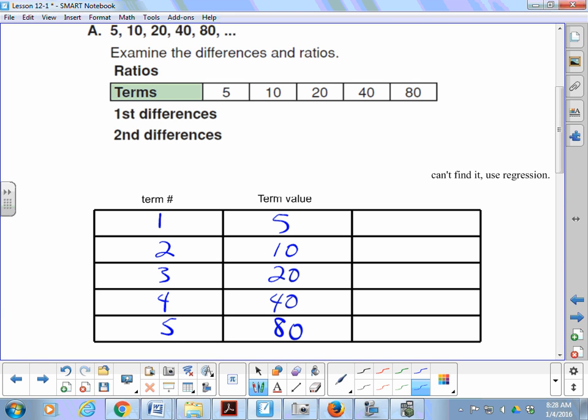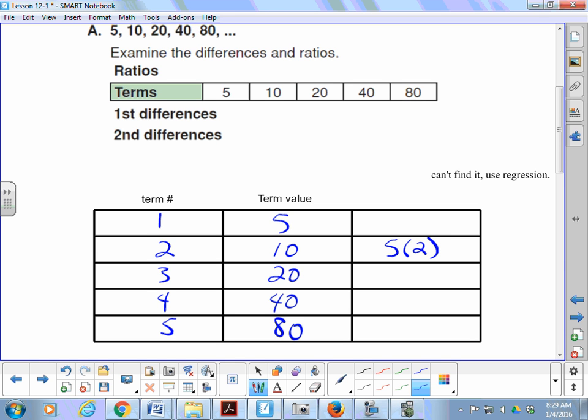Okay? So, to get from 5 to 10, we are multiplying by 2. All right? So this is 5 times 2 to get the second term in this sequence. All right? So what do I do to get to the next term in the sequence? Okay, we're multiplying this one by 2 again, right?